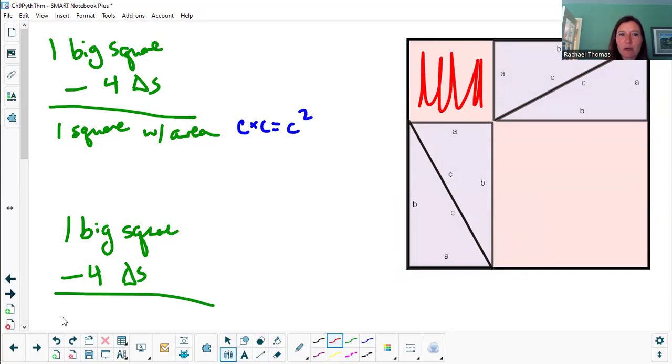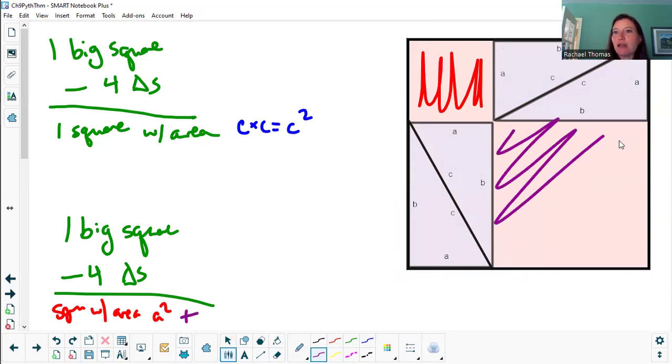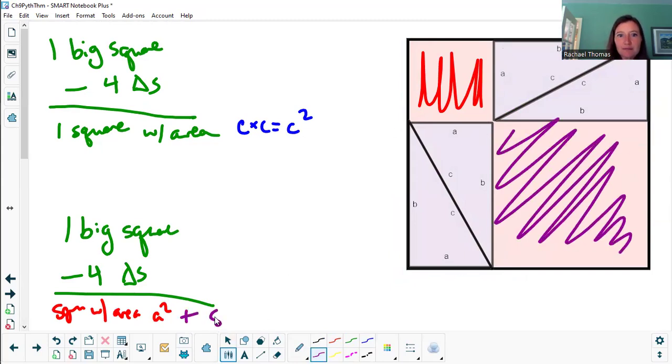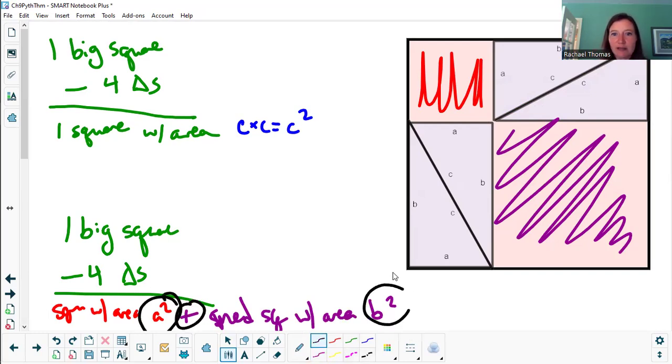A small square with area A squared plus a medium square with area B times B, or B squared. A squared plus B squared equals C squared.